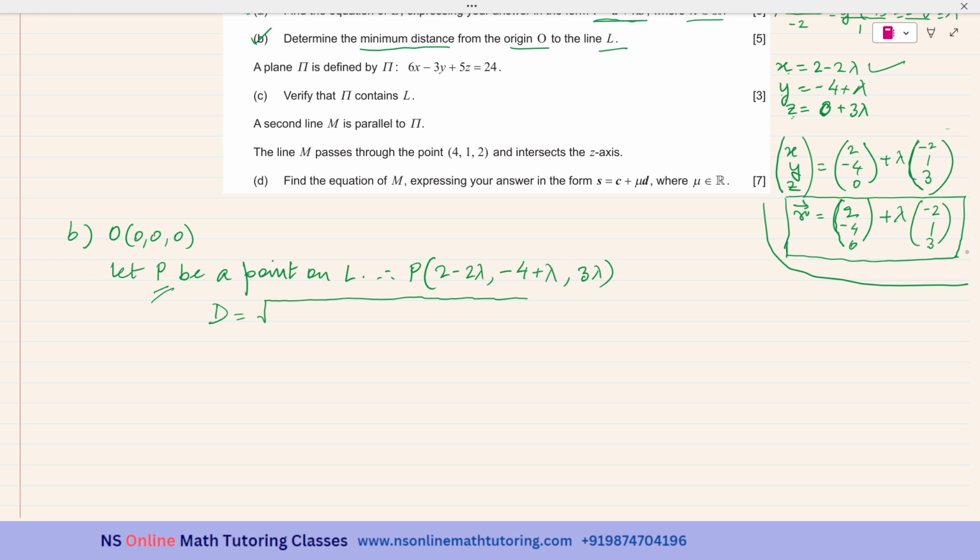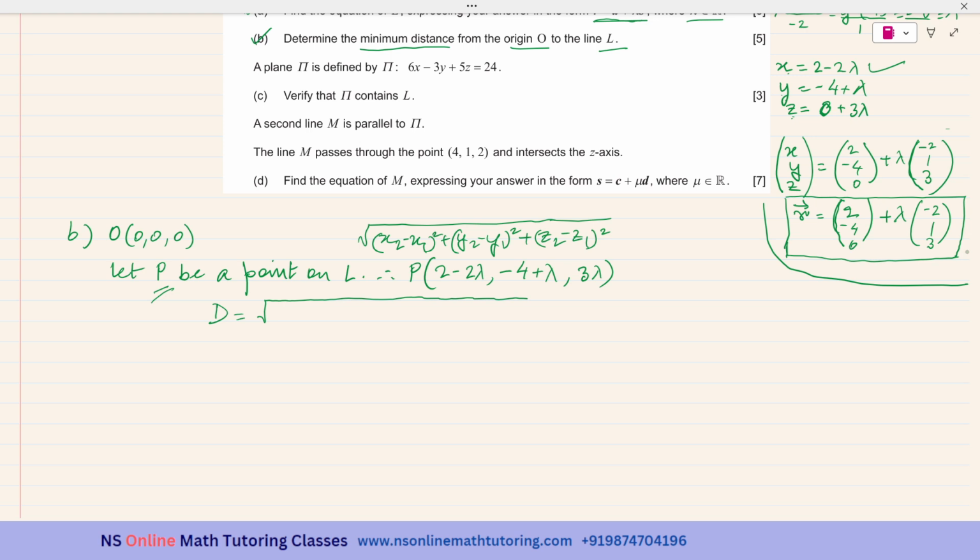So distance formula, what is the distance formula? It is square root of x2 minus x1 whole square plus y2 minus y1 whole square plus z2 minus z1 whole square. This is the distance formula.